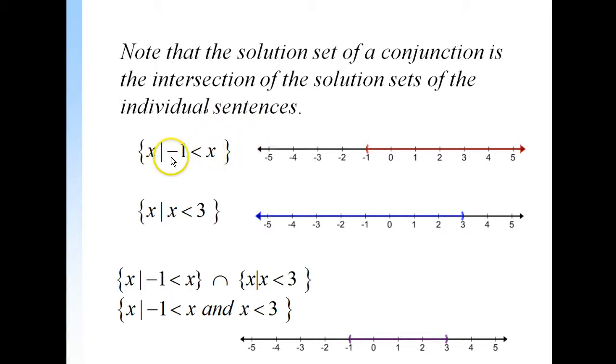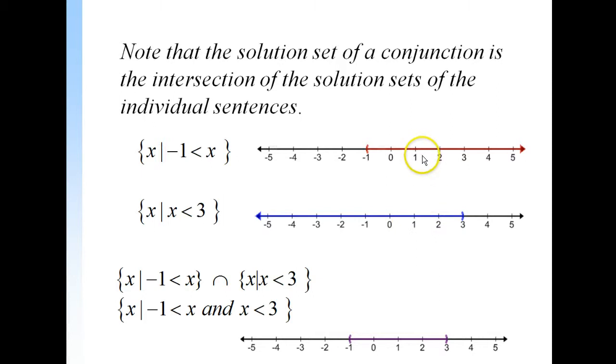notice that -1 is less than x. If you read it this way, x is greater than -1. And that's what you see illustrated by this number line. And this one, and this is set builder notation, by the way, you may recall, x is less than 3. So again, a parenthesis indicating that in this case 3, and in this case here a -1 not included in the set.